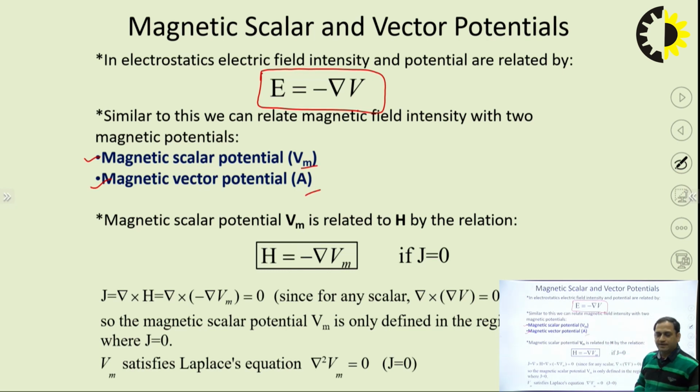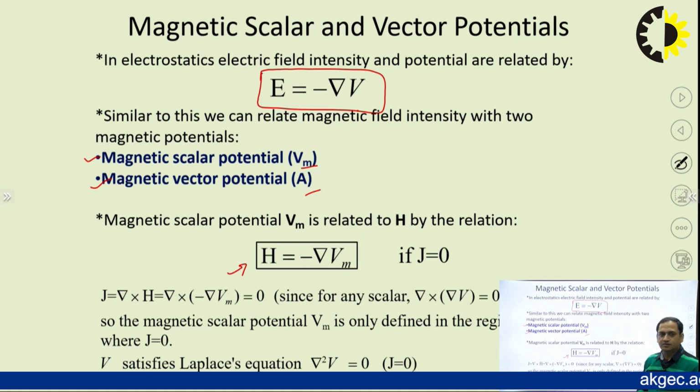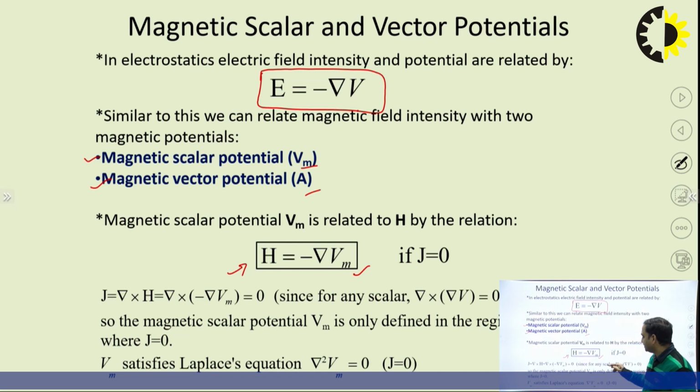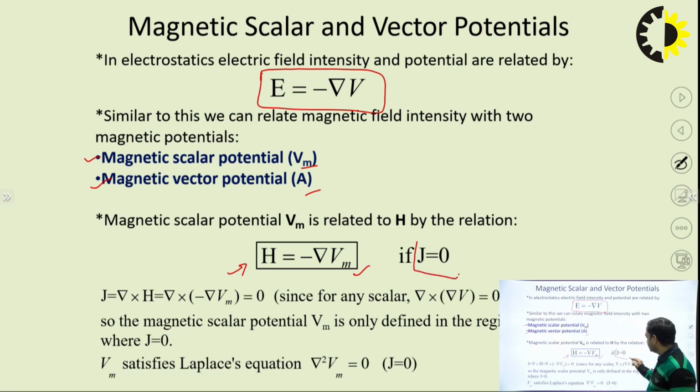The magnetic scalar potential is the same as the electrostatic potential, so the relation is the same: the magnetic field intensity H is equal to minus del Vm. This condition holds if J is equal to 0.